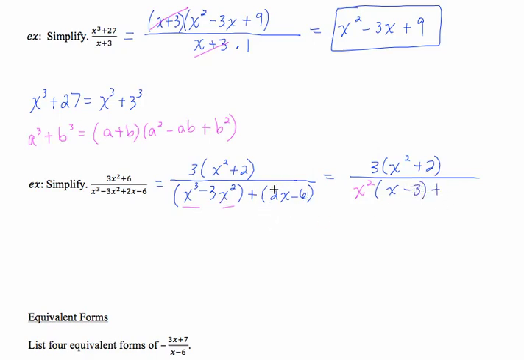Is there anything I can take out of 2x minus 6? Well, we could take out a 2, so we'd be left with 2 times (x minus 3). And yes, factoring by grouping did work because we are left with 2 common factors, x minus 3 and x minus 3, which we can now factor out of the whole denominator. So again, I'm recopying that numerator.